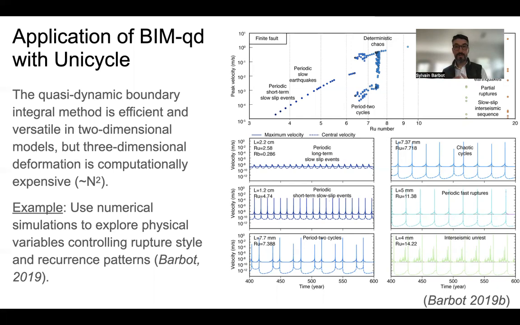However, using this space domain quasi-dynamic boundary integral method for three-dimensional problems with finite faults is still computationally expensive, and that limits the space of parameters that can be considered.